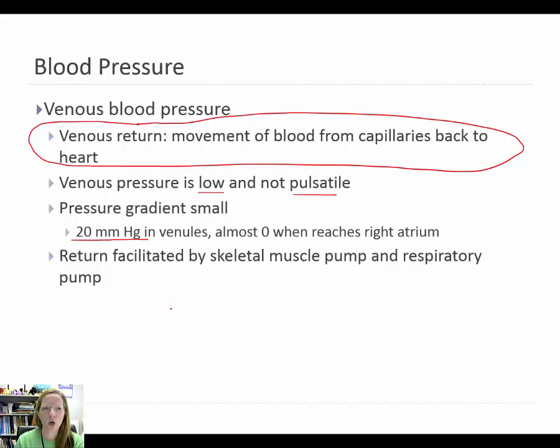How in the world are we going to get the blood back, especially from your legs, all the way back up to the heart if there's no pressure? So that's why we have other mechanisms that help return blood to the heart. The veins rely on something called the skeletal muscle pump, and also the respiratory pump. So let's take a look at these two.